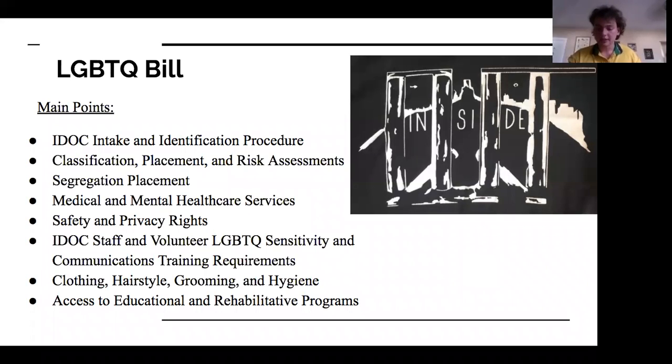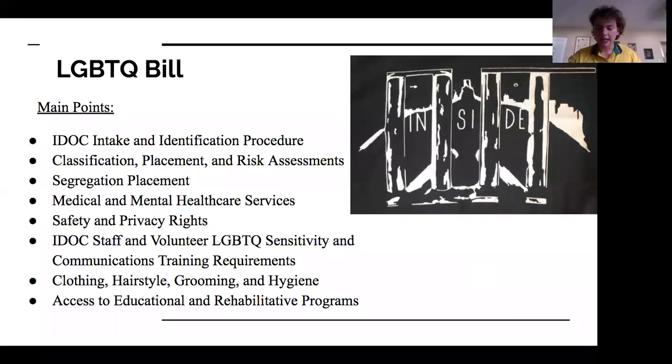Staff and volunteer LGBTQ sensitivity and communications training requirements refers to informing IDOC staff of what type of training and education they're required to participate in order to effectively protect LGBTQ people.